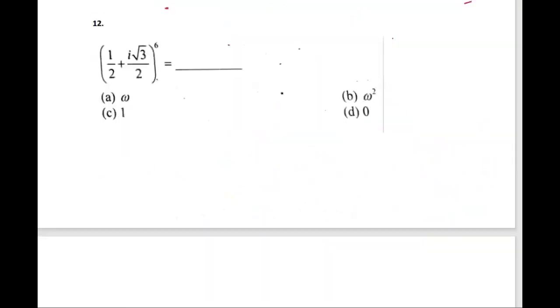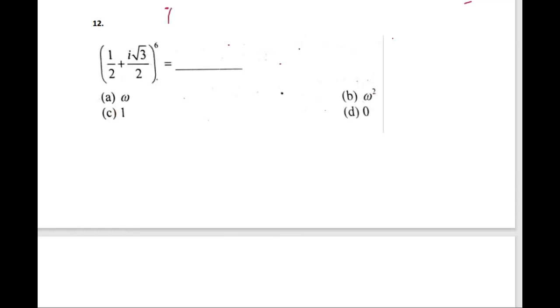Now let's talk about the second last question. Here we need to find 1 by 2 plus iota root 3 by 2 to the 6. Okay. So I can write it differently, since this way it would be very difficult.